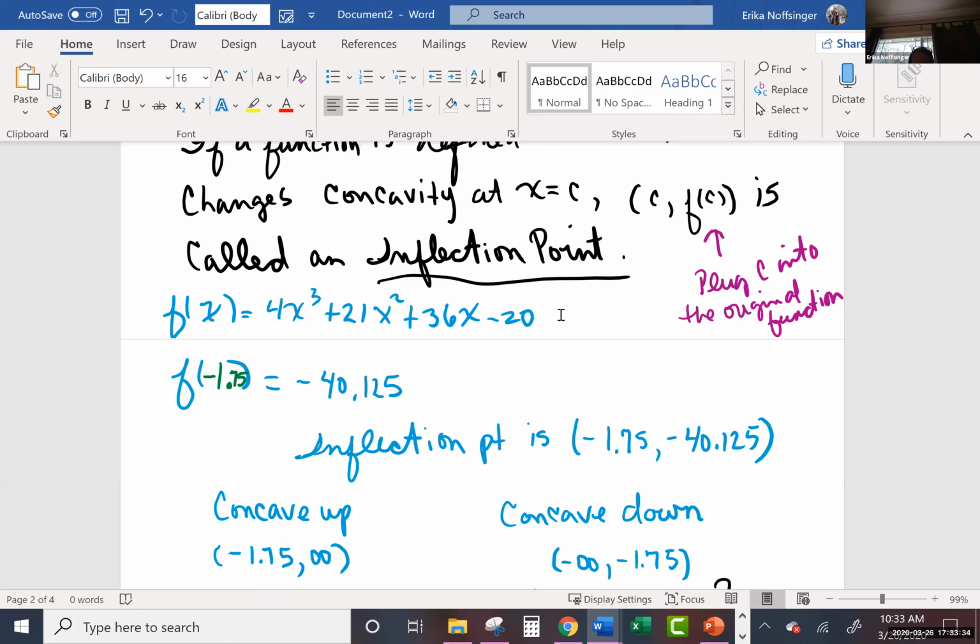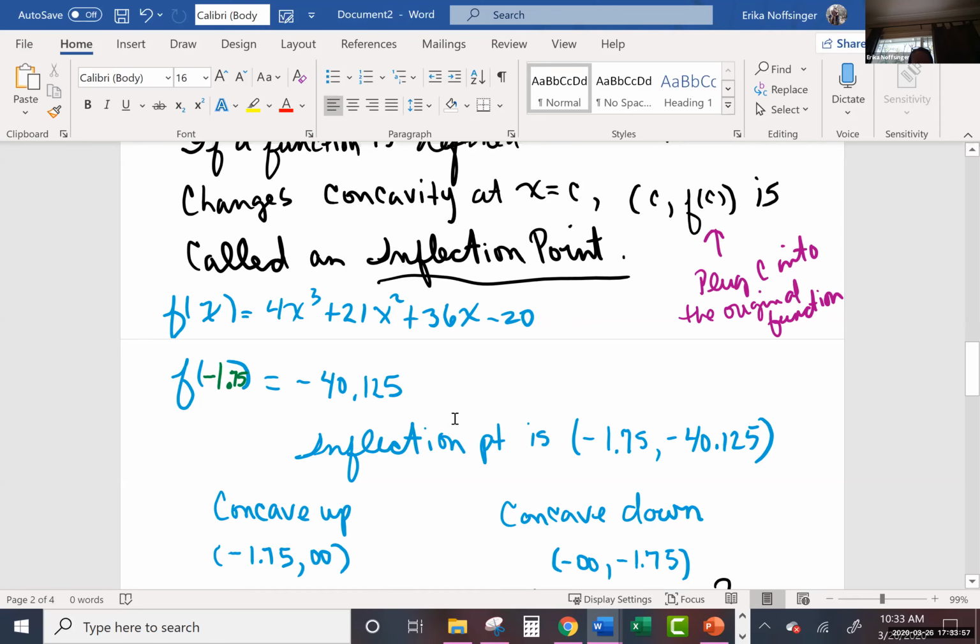And then I'm going to cube that. Plus 21 all times negative 1.5. And I'm going to square that. Plus 36 all times negative 1.5 minus 20.